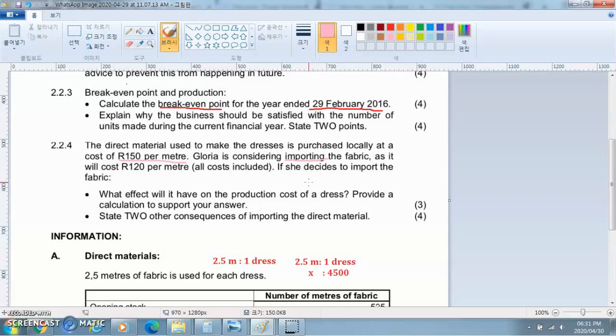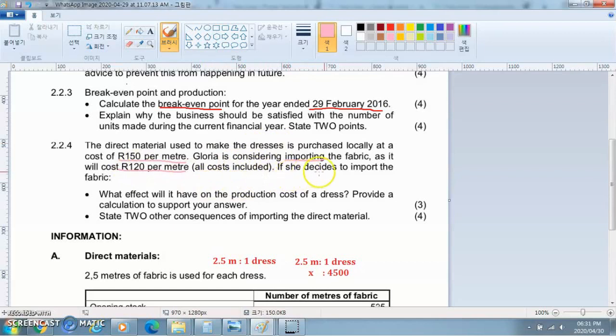You get it? Okay. And then they're saying if we decide to import, this is how much it's going to cost us per meter. So basically, locally, we are going to be paying 150 per meter, while when we buy it outside, we are going to be paying 120 per meter, right? And then they're saying all costs included.